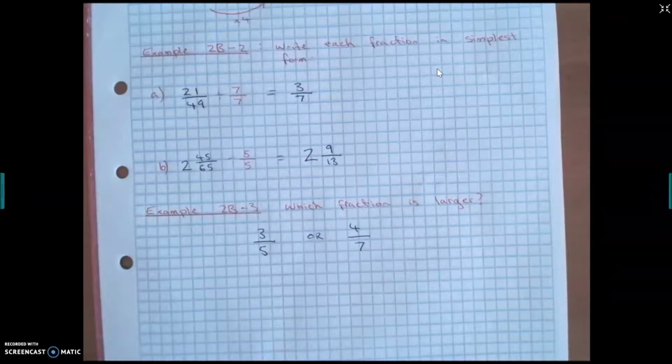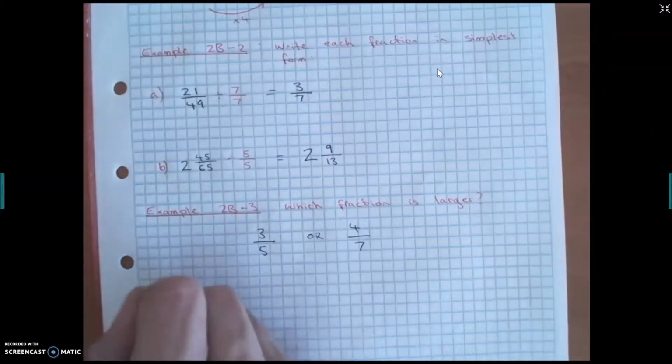So to help me out, I'm going to find what we call a common denominator for those two fractions. A way that I can help myself is writing all the multiples of 5 and all the multiples of 7, and that will help me to find the lowest common denominator of the two.